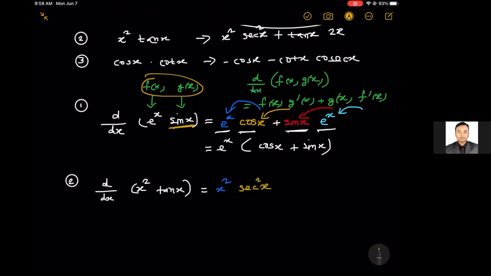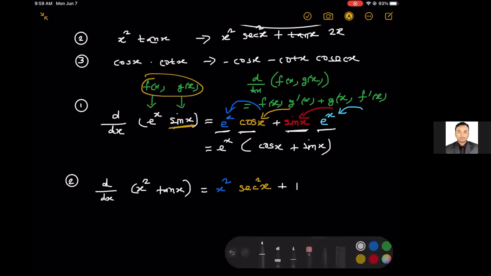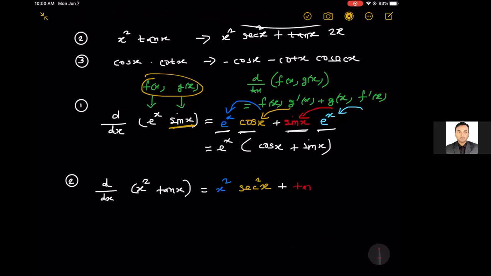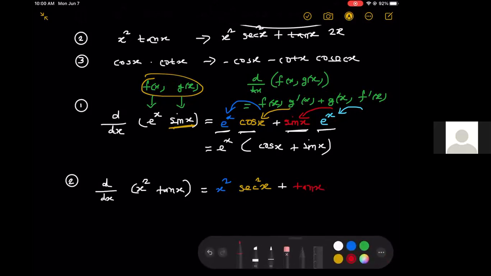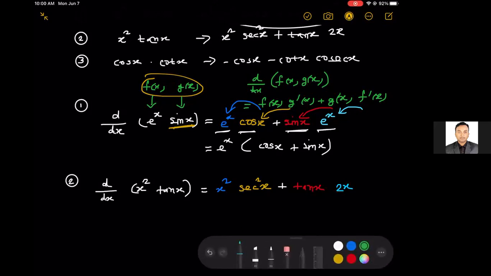Okay. And if I keep the second function, which is tangent of x, what's the derivative of the first function, which is x squared? 2x. Very good. Using the power rule, right? The power rule says the derivative of x squared is 2x. Let me write the power rule for you.